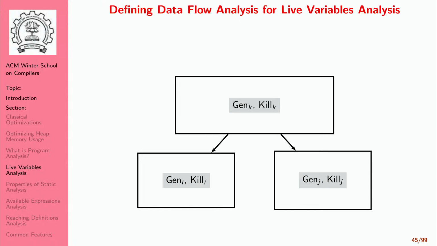This is block K, block I, block J, and with each basic block we associate a set called gen, we associate a set called kill. Gen says that this is the set of variables whose liveness is generated by the statements within this particular basic block. Kill is a set of variables whose liveness is killed within this basic block.